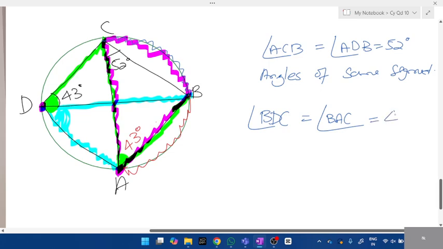What's the value? 40 degrees, and between the three, angles of same segment. Okay, now what's the total value of angle D?